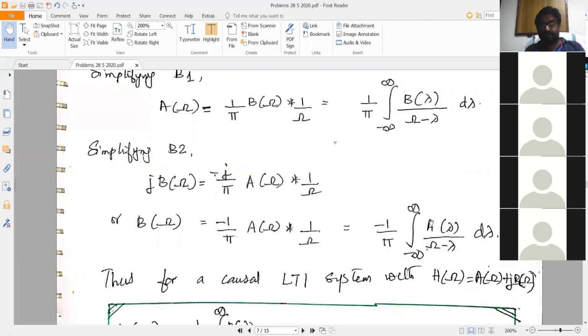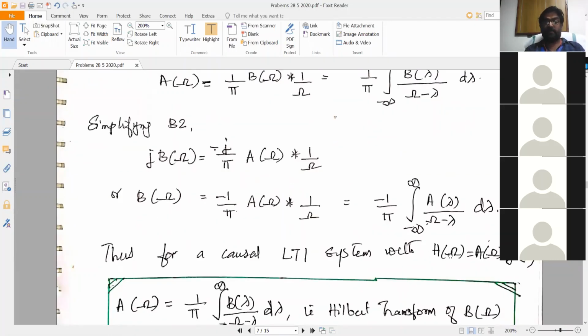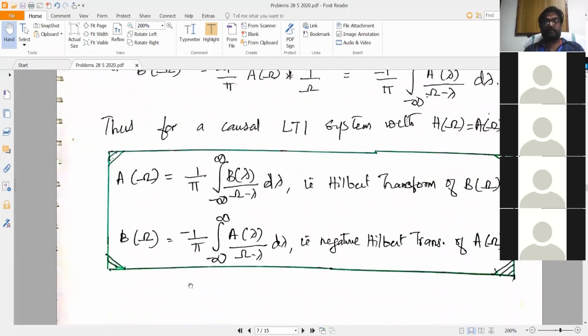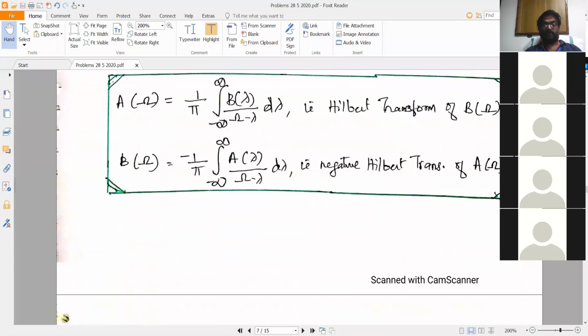Which is nothing but the Hilbert transform of A of omega. So B of omega is the minus or negative Hilbert transform of A of omega. So that is concluded here. A of omega is the Hilbert transform of B of omega, and B of omega is the negative Hilbert transform of A of omega.